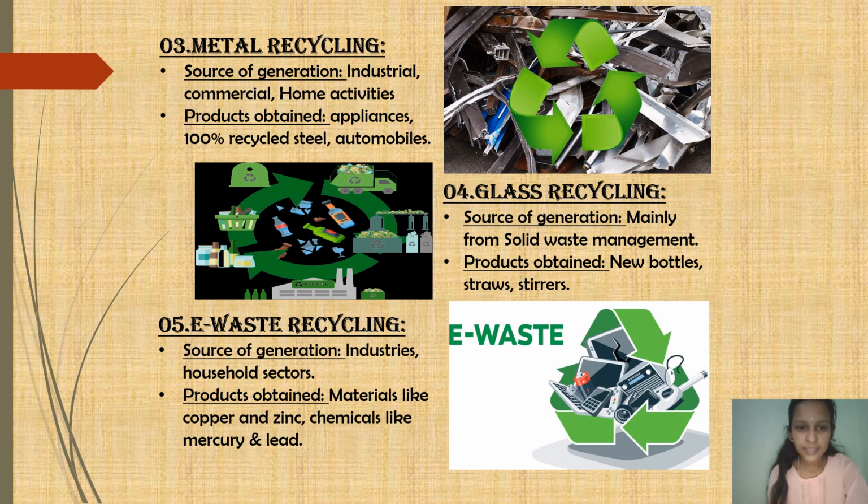And e-waste recycling. The source of e-waste is exclusively industries and household sectors. The products obtained after the recycling process will be materials like copper and zinc and some chemicals like mercury and lead.